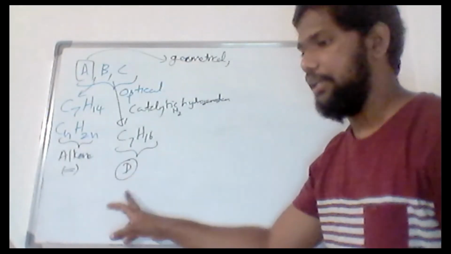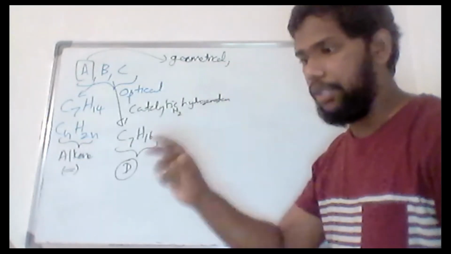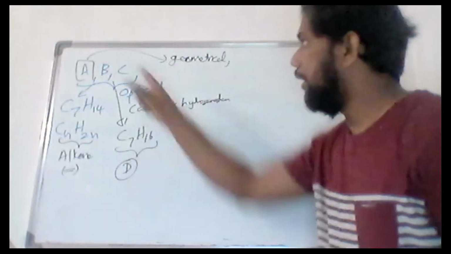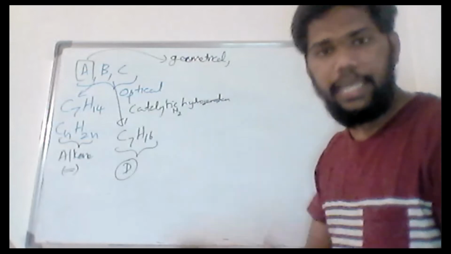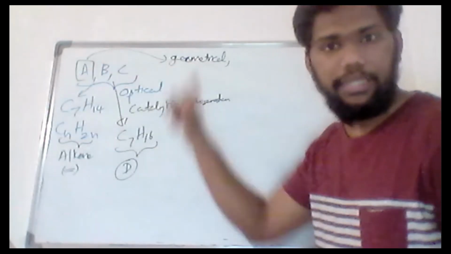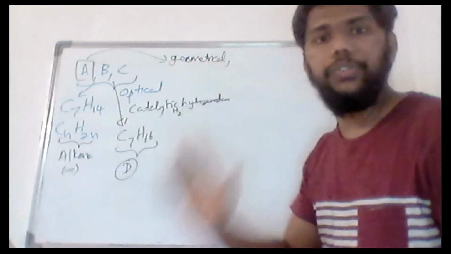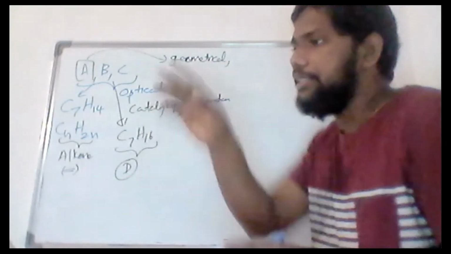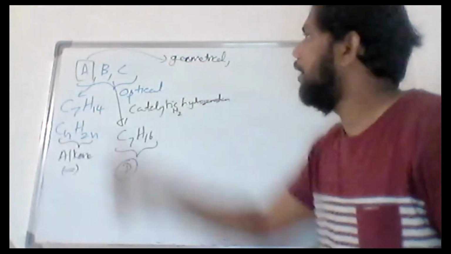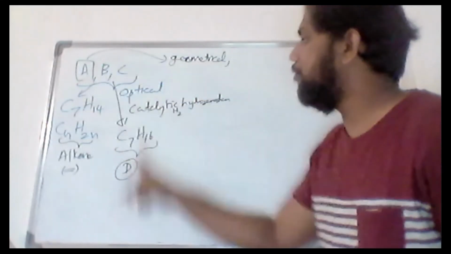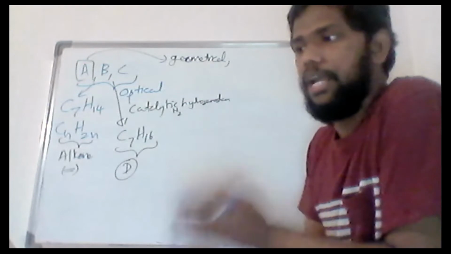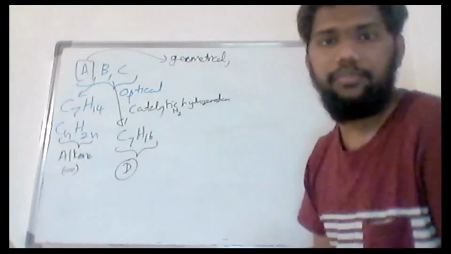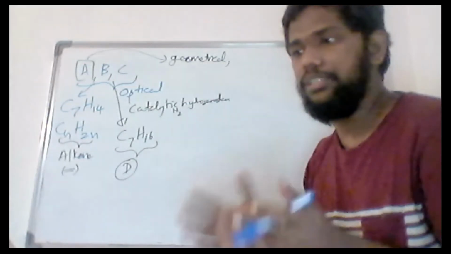The important point to understand here is that all A, B, C give the same compound, that is D, which should make you think that the carbon skeleton of A, B, and C should all be the same. Because if the carbon skeleton is different, each of these A, B, C would have given different products like D, E, F. But in this case, it is not.